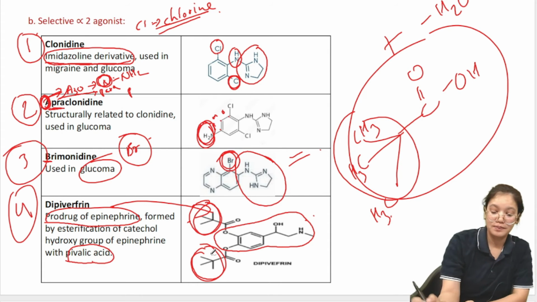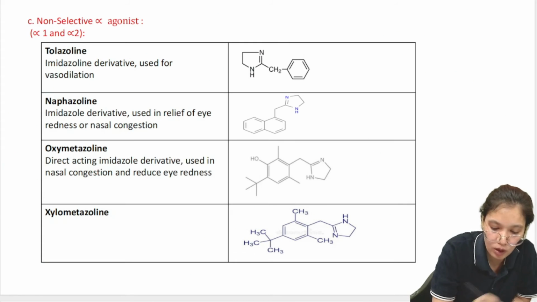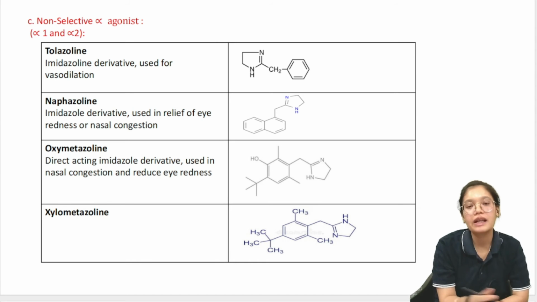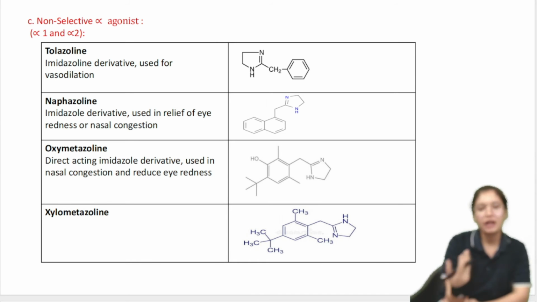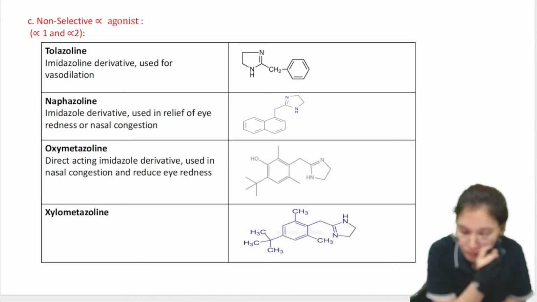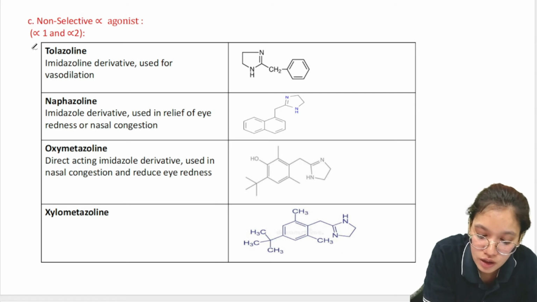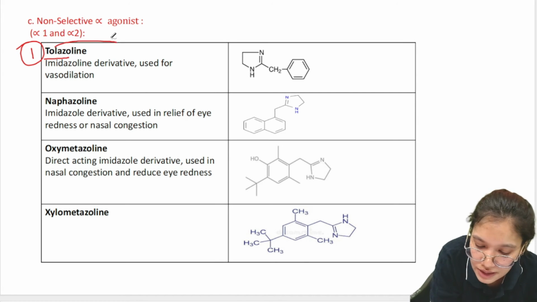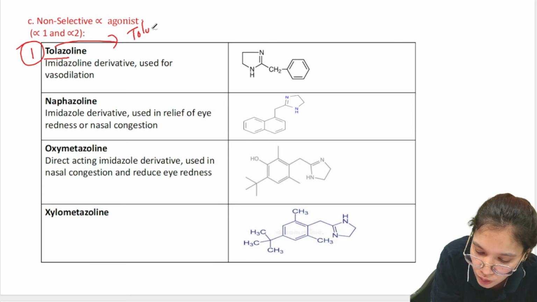Okay, easy to remember. Now moving forward, the non-selective alpha agonists. Basically they can act on both alpha 1 and alpha 2. They are not selective for a particular receptor. So first is tolazoline. From tola we can say toluene. So what is toluene? Toluene is basically a benzene structure with CH3.